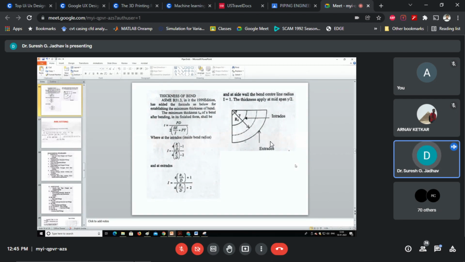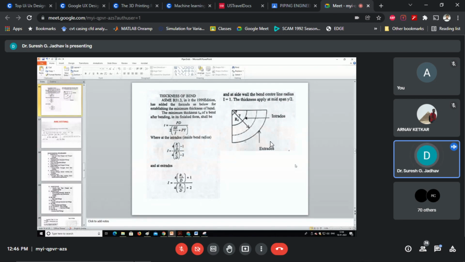With the help of this relation we can calculate I equals 4 into R upon D, where R is Ri, the internal radius of the bend, minus 1, divided by 4 into Ri divided by D minus 2. With this relation we can find the bend centerline radius.